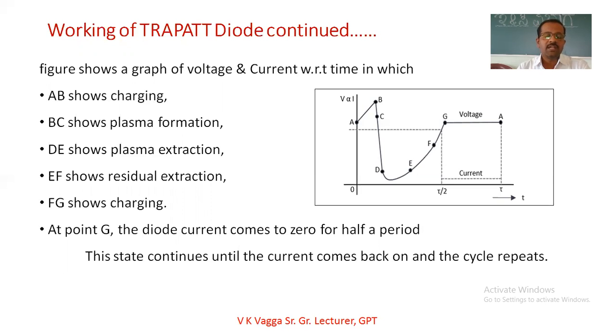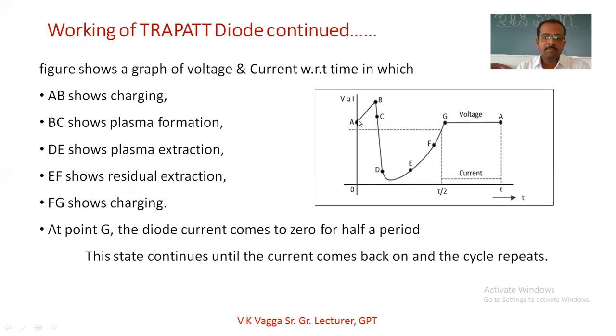After that it will enter into the plasma state, and it will keep on discharging the electrons and the holes. After completely discharging, again it will start charging, it will enter into the maximum peak, and again the cycle will be repeated here.